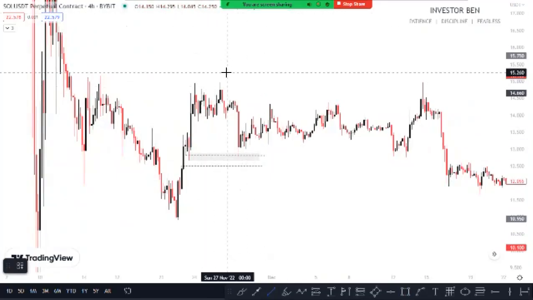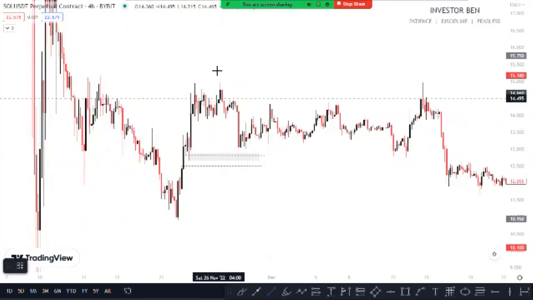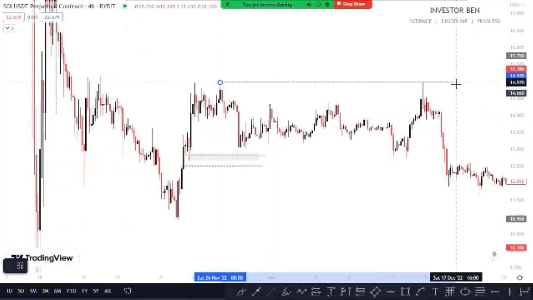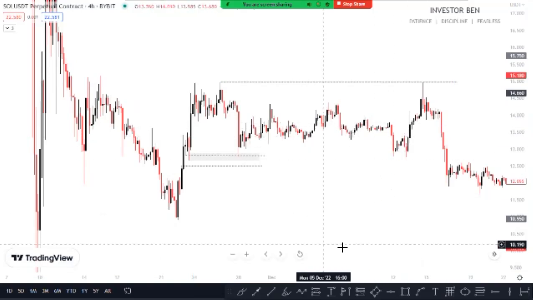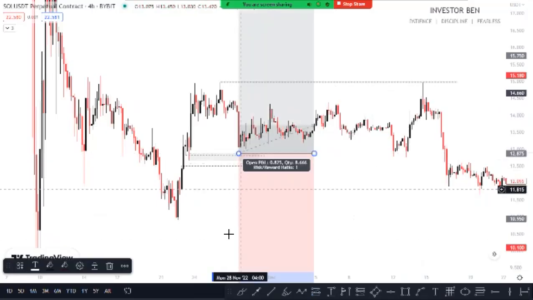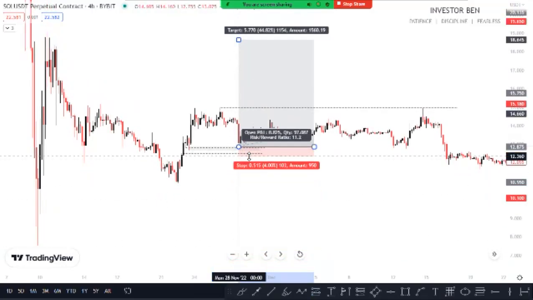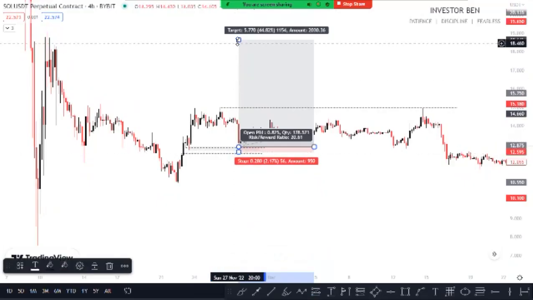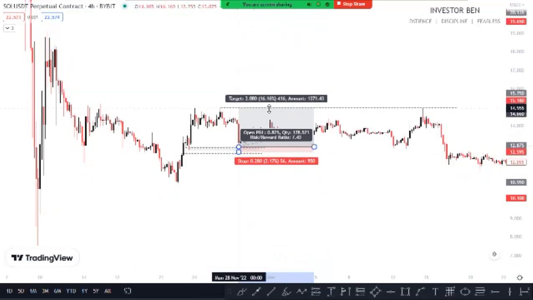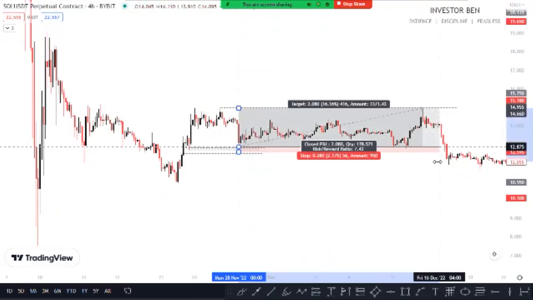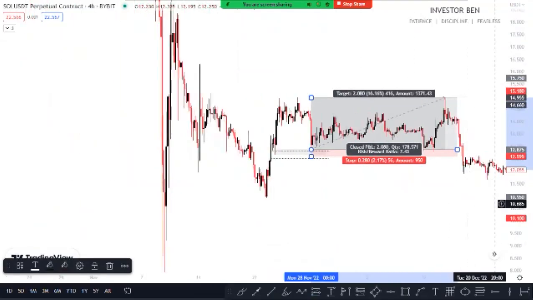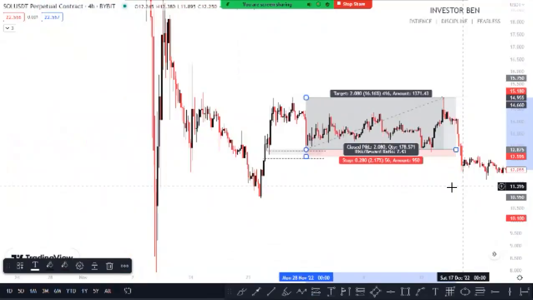I think it's a snipe. It either didn't hit TP, but that is where I myself will be targeting for TP. Or let's say maybe I see a reversal and I just close, but that is where I'll be targeting for my TP, this high here, that high there.